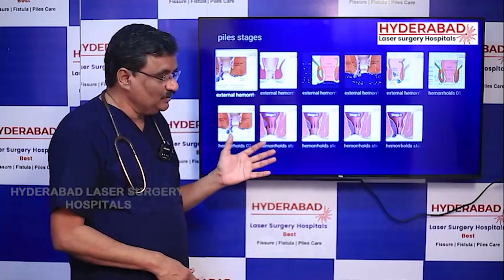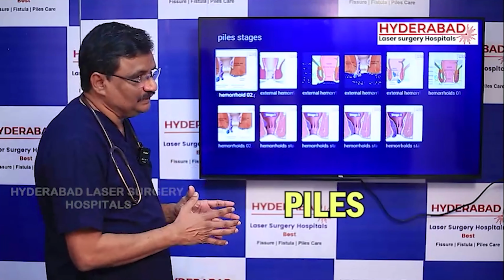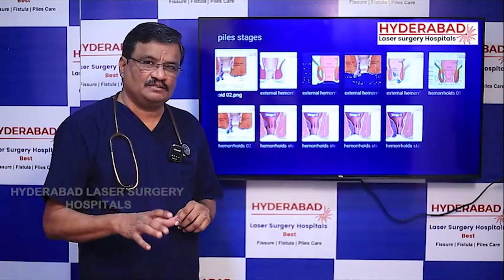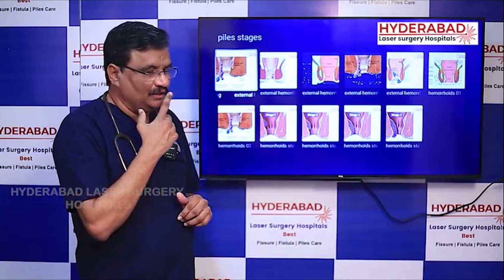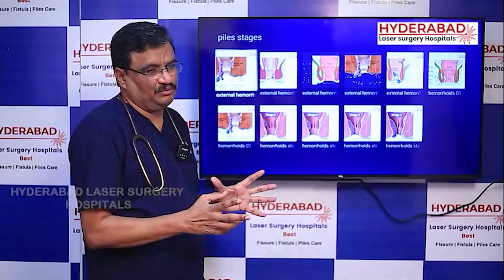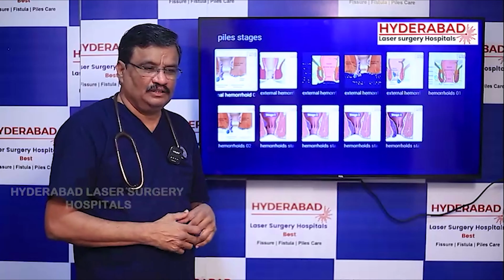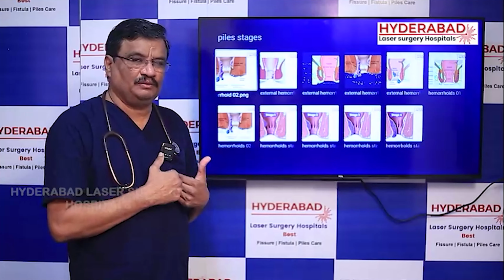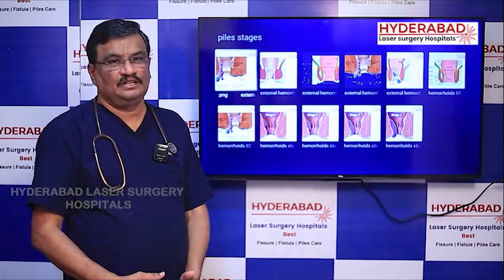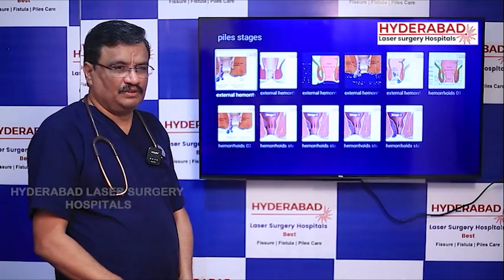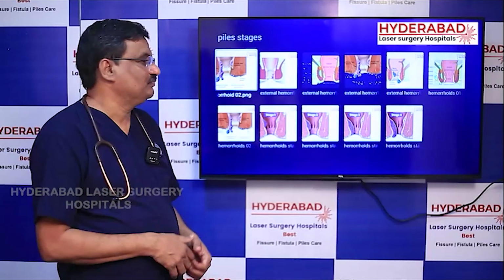The next common thing you see is piles. So what are piles? You know there are blood vessels in every part of the body, and usually there are two types of blood vessels. One is the one that takes blood from the heart, and the second is the one that takes blood to the heart.